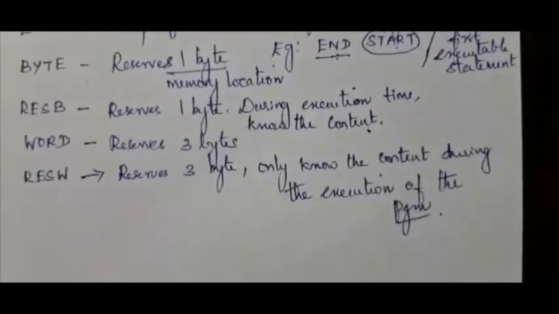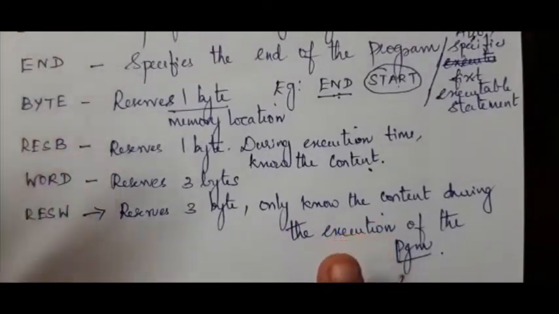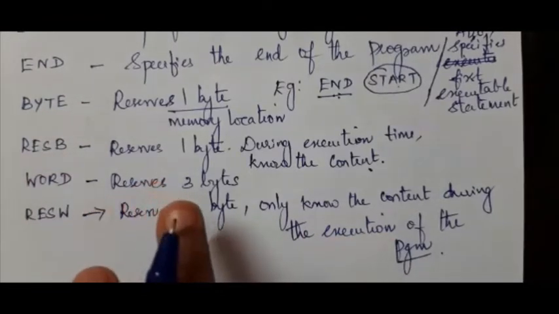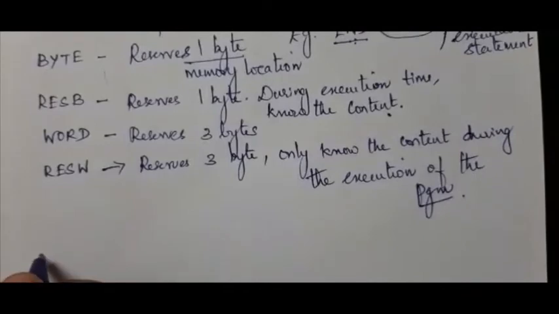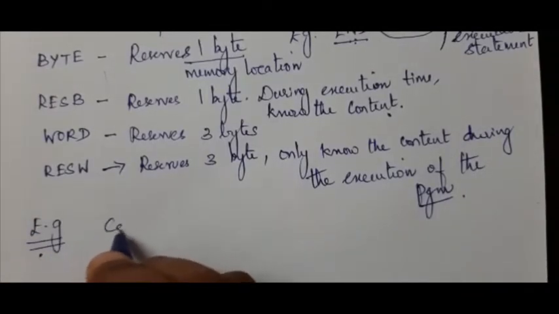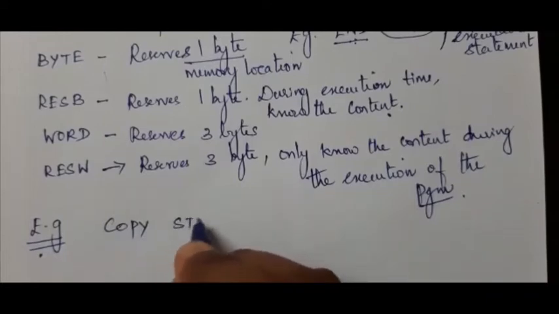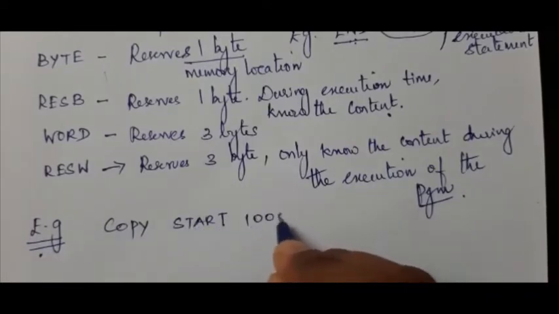So this is how we use these assembler directives in a SIC assembler. I'll explain with an example, an instruction like COPY START 1000.